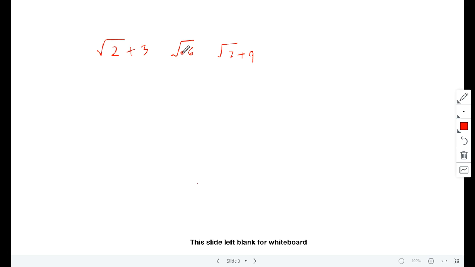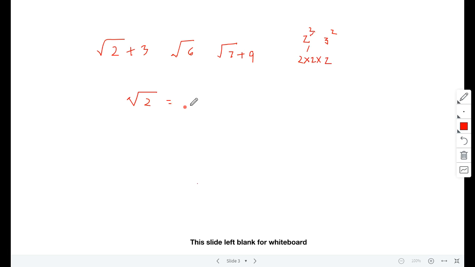Just to know what exactly root 2 means, like root 2, root 3, what does this mean actually? Actually, it's a power, like you have seen 2 squared, 3 squared. 2 squared means multiply 2 two times. If it's 2 cubed, it means multiply 2 three times.